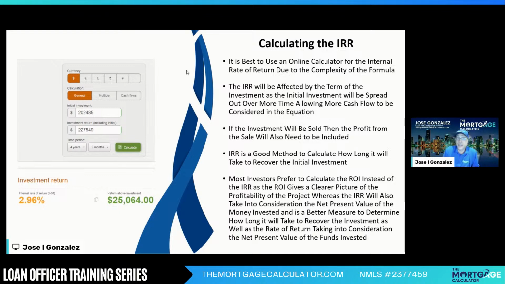And that's what makes it a more complicated calculation, because if you mess up on the net present value of the funds invested, you're going to throw off the whole calculation.